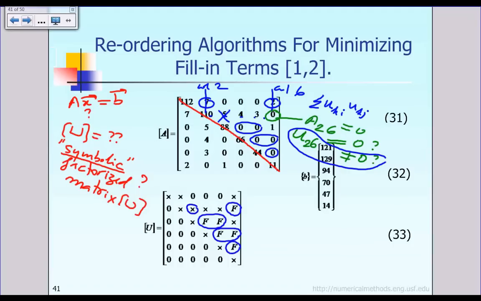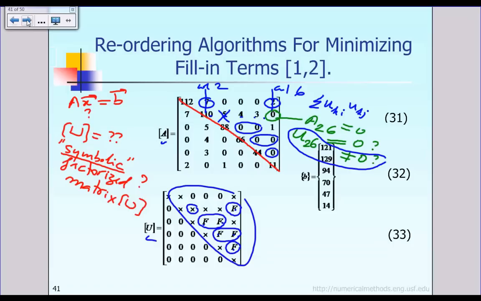So what I'm trying to tell you is this. If you immediately factorize the matrix A given to you, then based on the symbolic factorization, we can see that the matrix U will have, let's say, 1, 2, 3, 4, 5, 6 fill-in terms, non-zero, in the upper portion of the matrix U. And that is maybe too much.